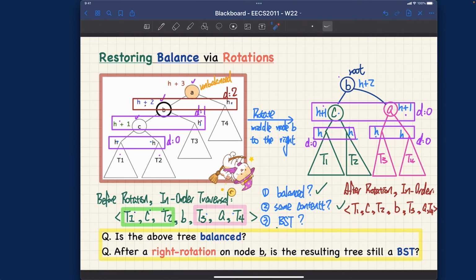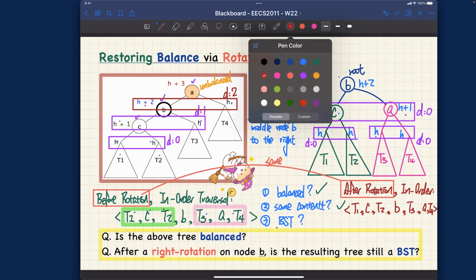If you compare these two over here, they're exactly the same. It's really important to make that explicit point: before the rotation and after the rotation, the in-order traversal really stays the same. Okay, over here, the same. This is why this is still a binary search tree.